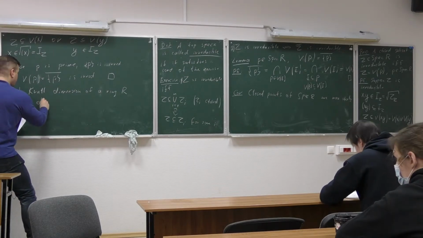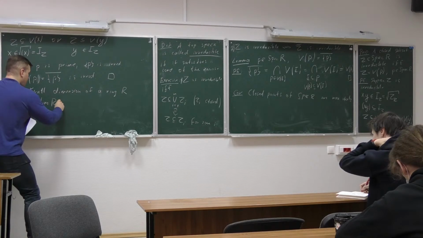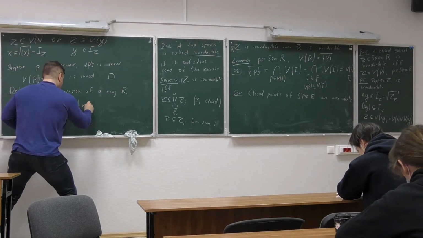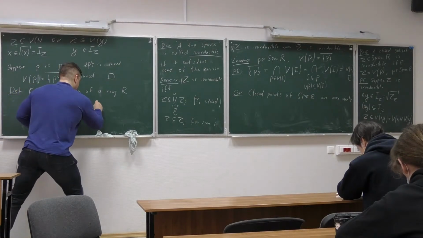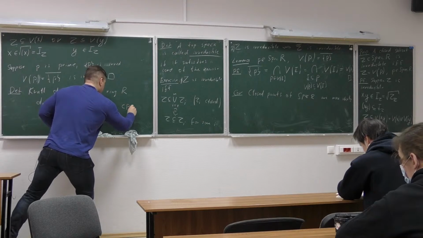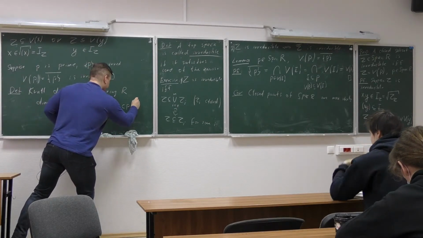Let me just write dimension of R, and this is the supremum over all r such that there is a chain of prime ideals of length r plus 1.